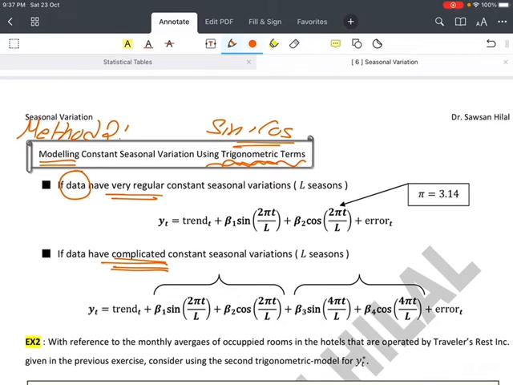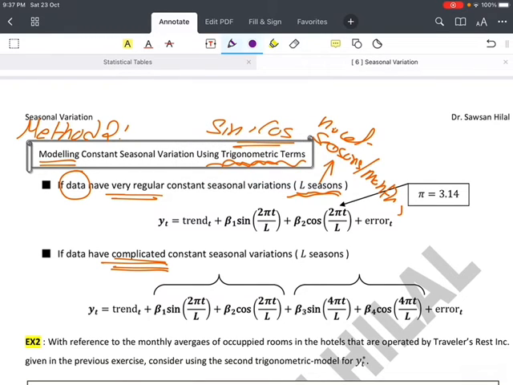They say that in this method you have something called L seasons. What does L seasons mean? L is the number of seasons or months.